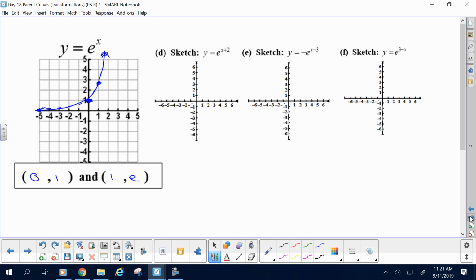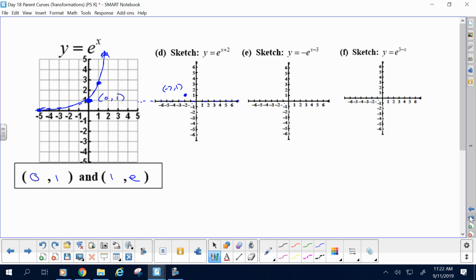So if I say in D, sketch y equals e to the x plus 2, I'm going to take that same shape and move it up 2 or left 2? Left 2. So the asymptote, will it be the same place? If it's left, does that horizontal line change, or does it just stay at 0? And what about the point at 0, 1? When you move it left 2, it moves to negative 2, 1.